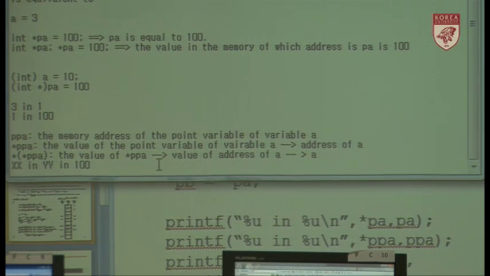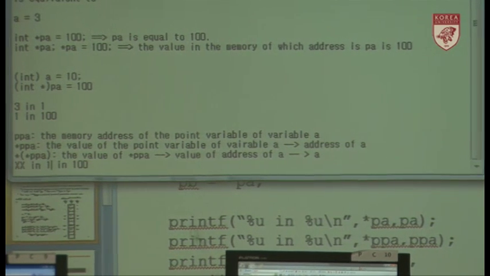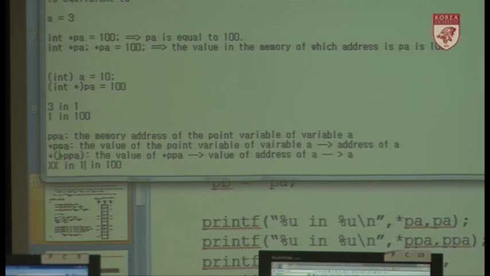So this second one should be 1. Then what's star star PPA? Star PPA is 1. That means what's the value in memory address 1? That is 3. So the output is 3 in 1 in 100. That's what is actually printed out by this one.